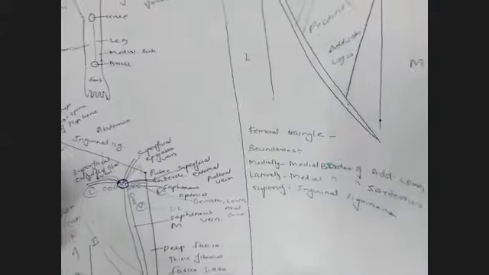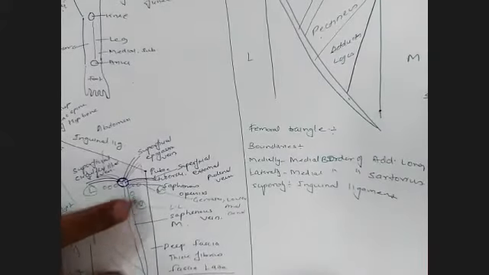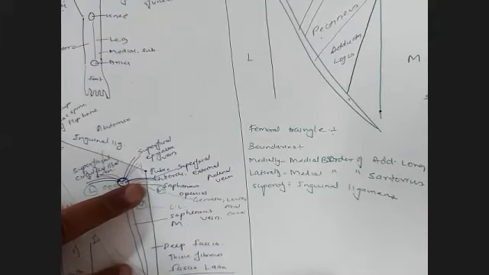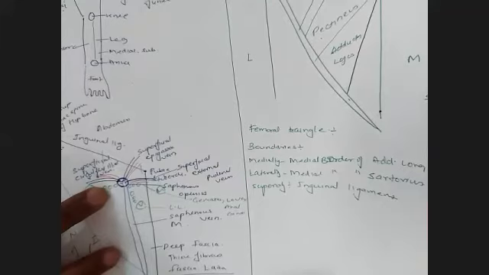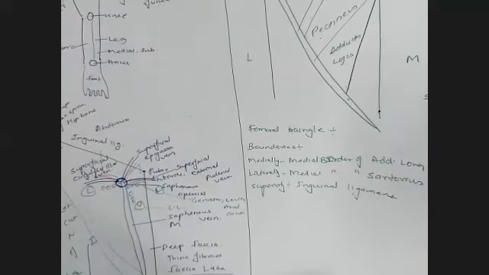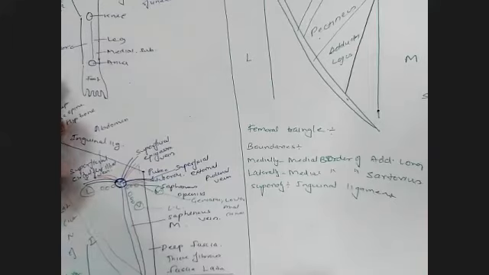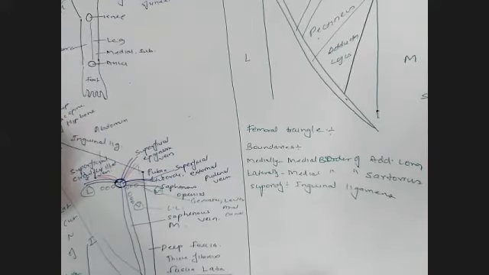Superficially, the roof contains skin and superficial fascia containing the saphenous vein, its tributaries, the superficial branches of the femoral artery, the superficial inguinal lymph nodes, the femoral branch of the genitofemoral nerve, and the ilioinguinal nerve over here. So that's about the roof, floor, and boundaries of the femoral triangle. Now moving to the contents of the femoral triangle.